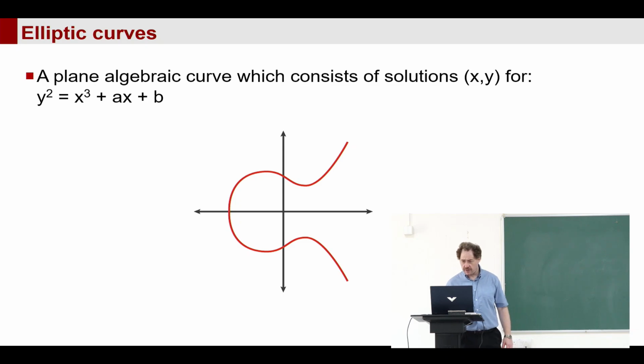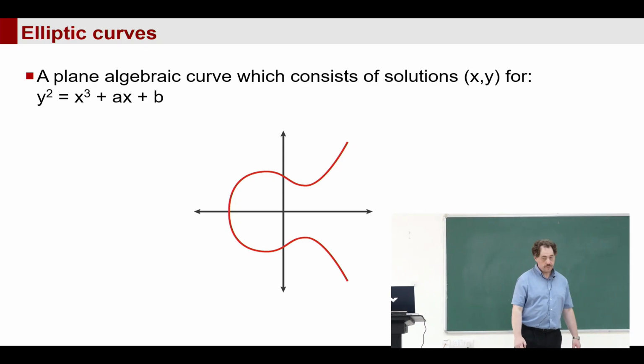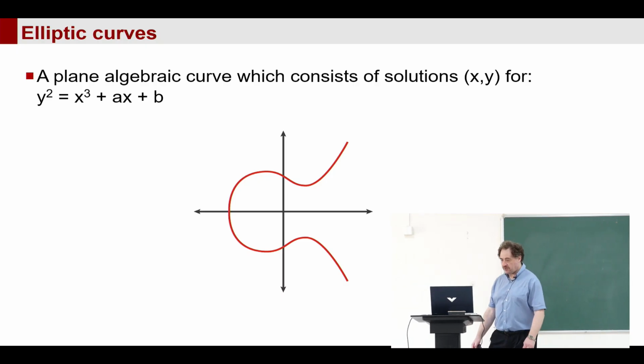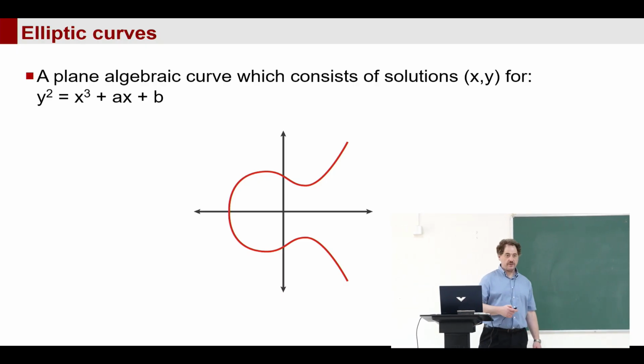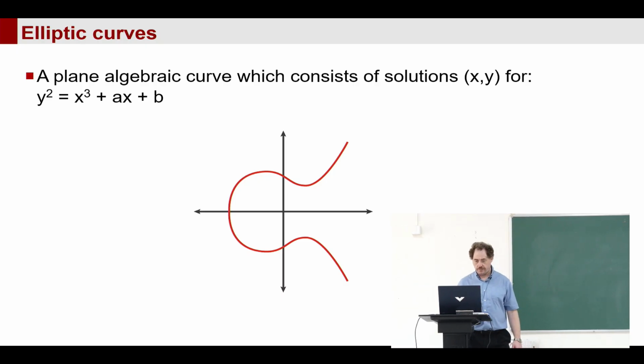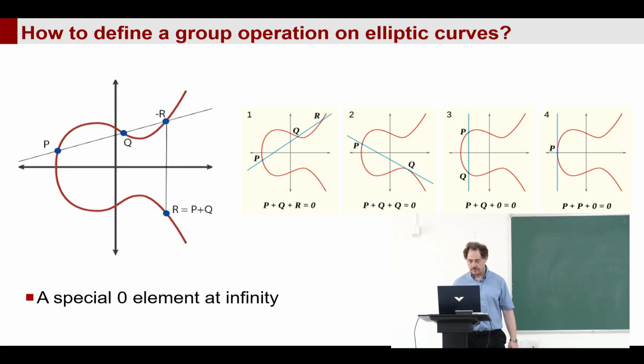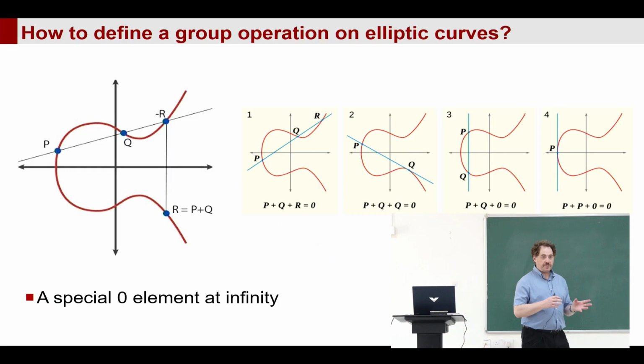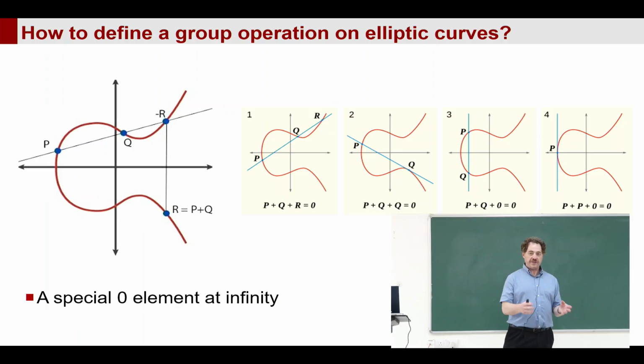So a typical elliptic curve looks like this. Of course, depending on the values of a and b, they would look different. Okay, so that's an elliptic curve, but how do we define operations? How do we define a group based on elliptic curves?